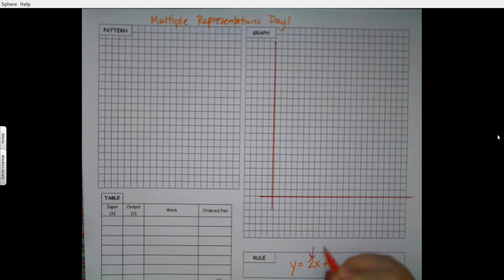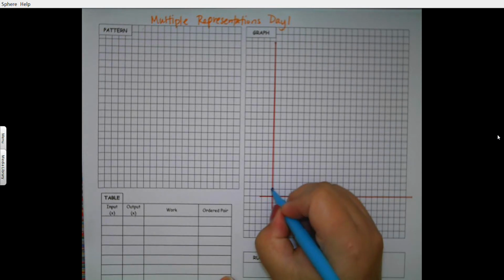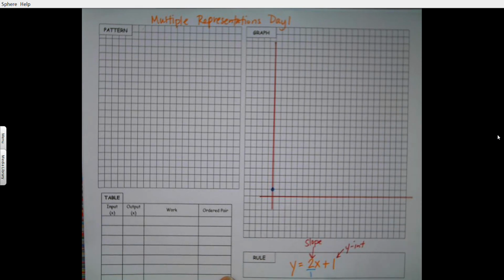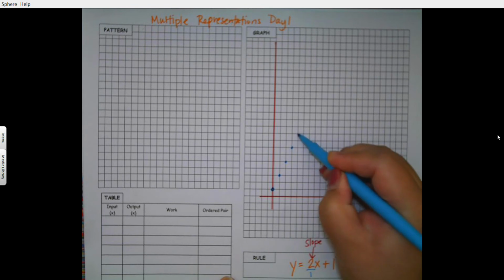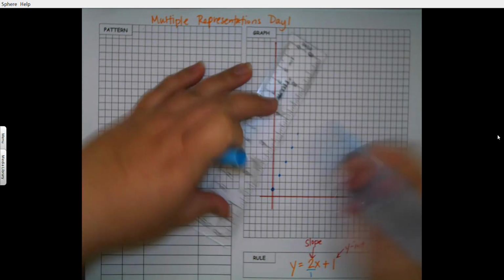Here's my slope. Here is my y-intercept. When I graph my line, I'm going to start at my y-intercept of 1 and my slope of 2 over 1, so up 2 over 1, up 2 over 1, up 2 over 1. And I'm going to draw my line.